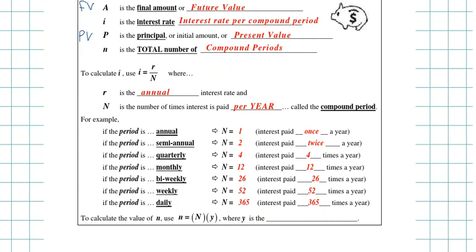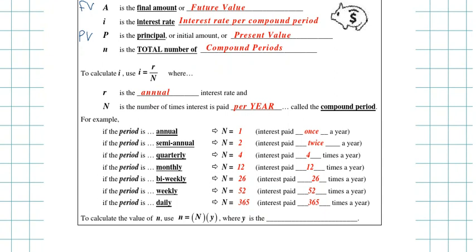Big N depends on whether it's annually, semi-annually, quarterly, monthly, bi-weekly, and so on. And R is your rate, so let's say 5%, which is 0.05.